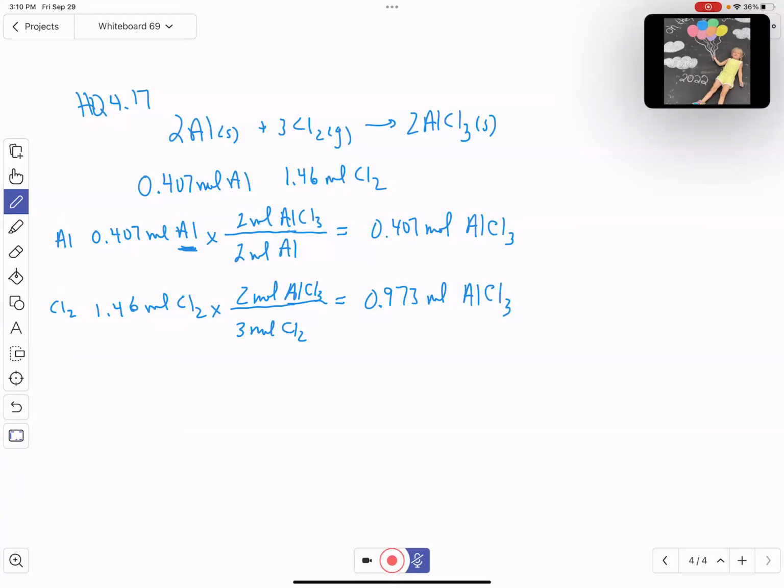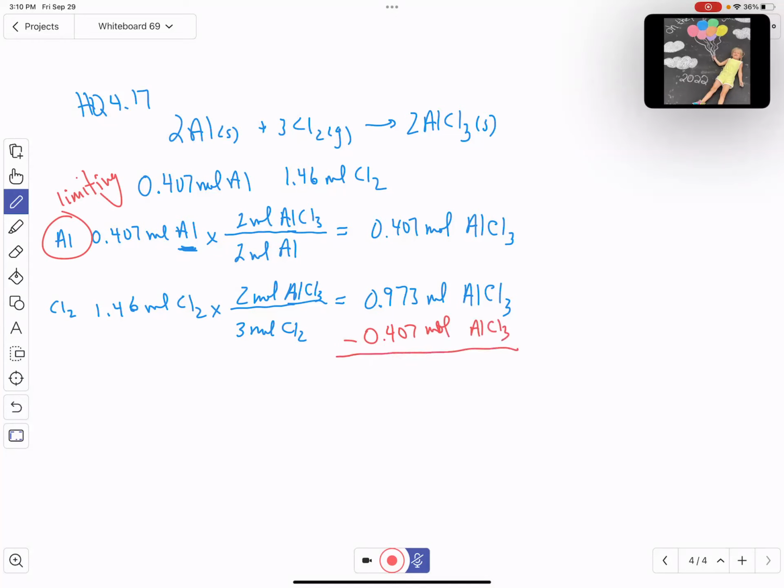So this is the extra step now. So we identified, right, aluminum is our limiting reagent. All right, we want to use that to kind of say, all right, how much extra chlorine would we have? And so to do that, well, I could have made 0.973 moles. I didn't. I made 0.407 moles of aluminum chloride.